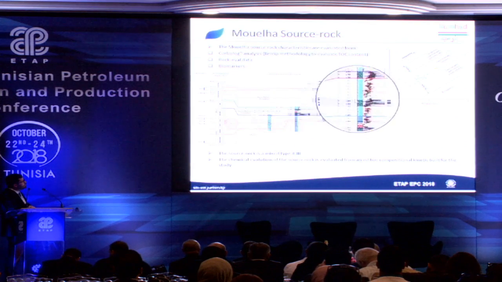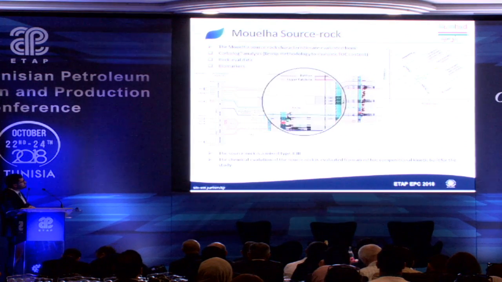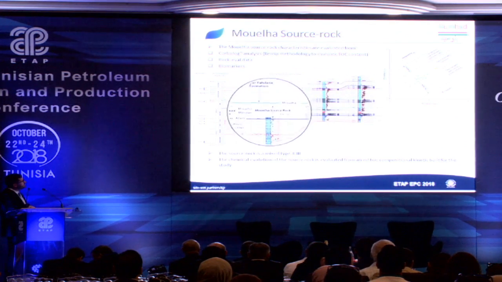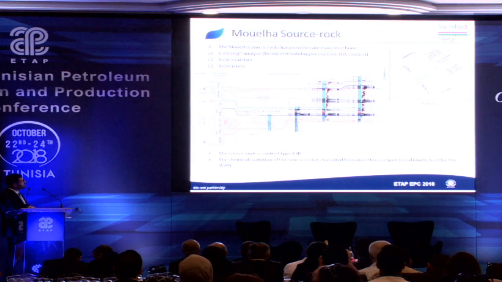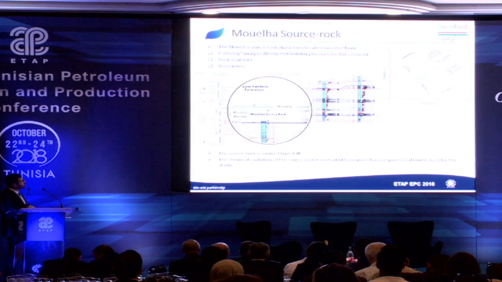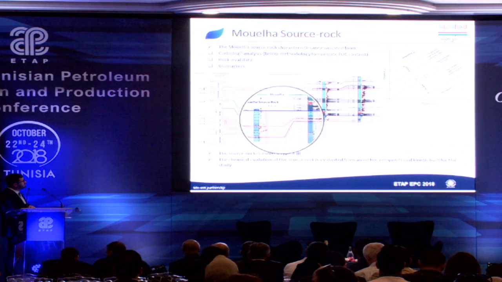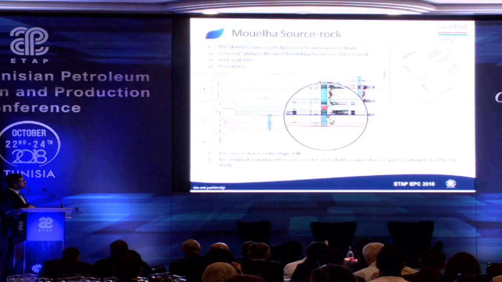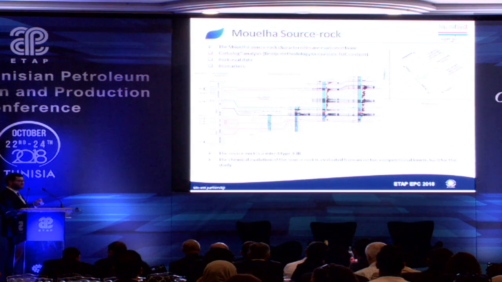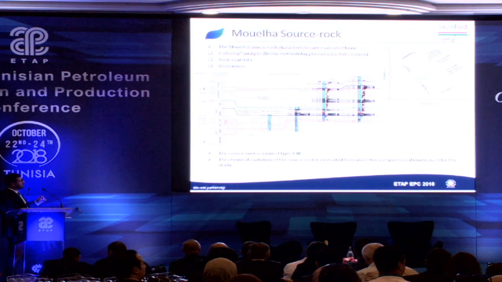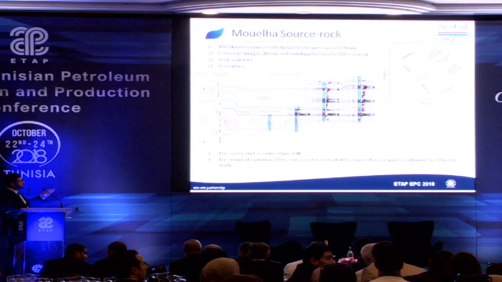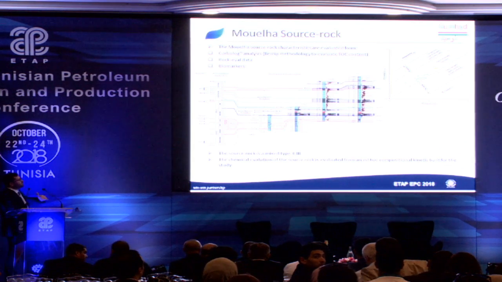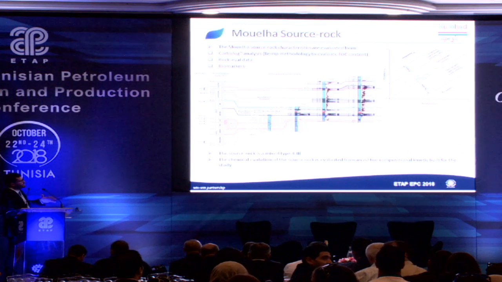It's a well correlation with carbolog. So if I zoom here, we have Muela source rock here, and you can see that in this interval, we define two intervals with rich TOC content. And so, in fact, we track this source rock in the basin, and we define a net thickness of the source rock and an average TOC for the source rock.